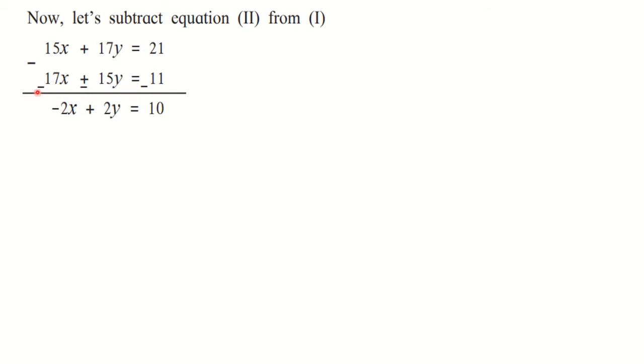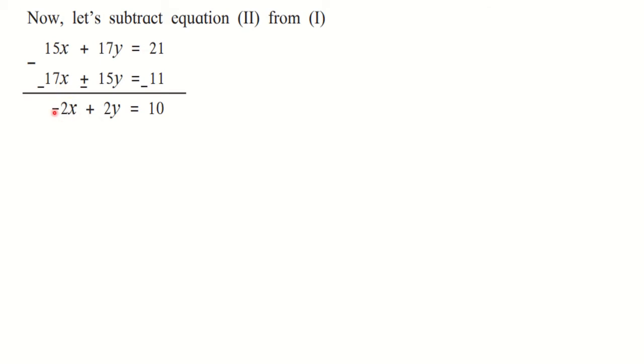So you will see that everywhere below, the changed sign is written. Plus 17x, so minus is written. Plus 15y, so minus is written below. And for plus 11, again minus is done. So these two now have opposite signs, and you know that when the terms have opposite signs, we subtract the coefficients. So 15 minus 17, we are going to get minus 2, and x as a variable.